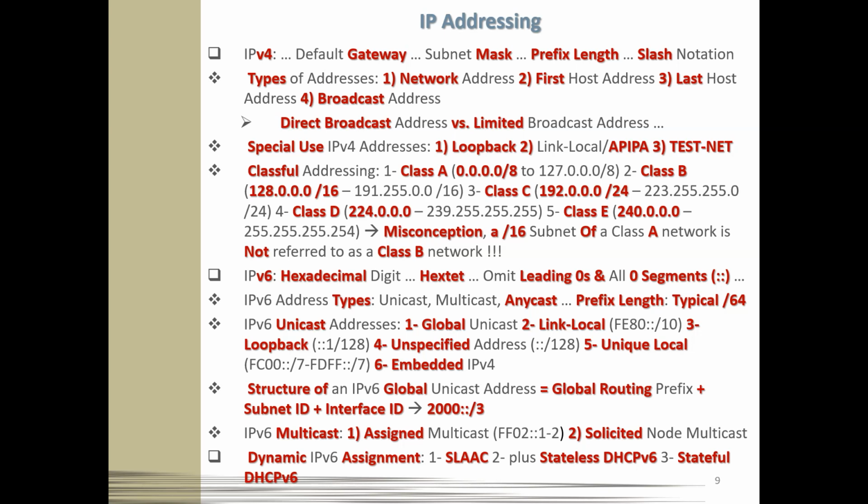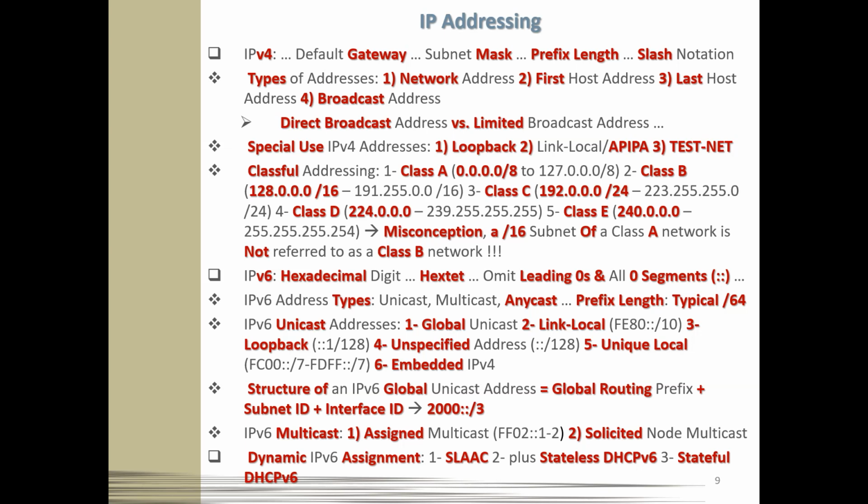Then we have class B. Class B, as you would expect, starts from 128.0.0.0/16 all the way up to 191.255.0.0/16. You don't see 127.0.0.0/8. The reason is that this network has been reserved already for loopback addresses, for special use IPv4 addresses.